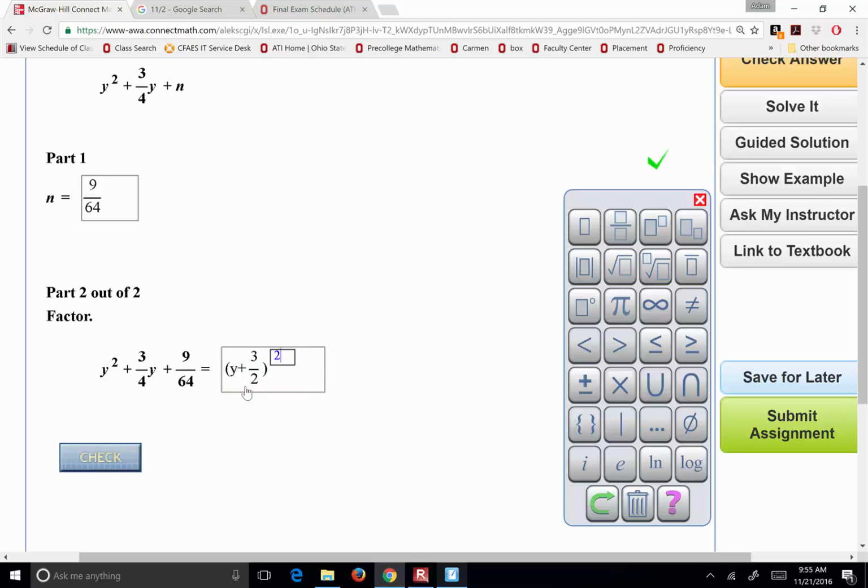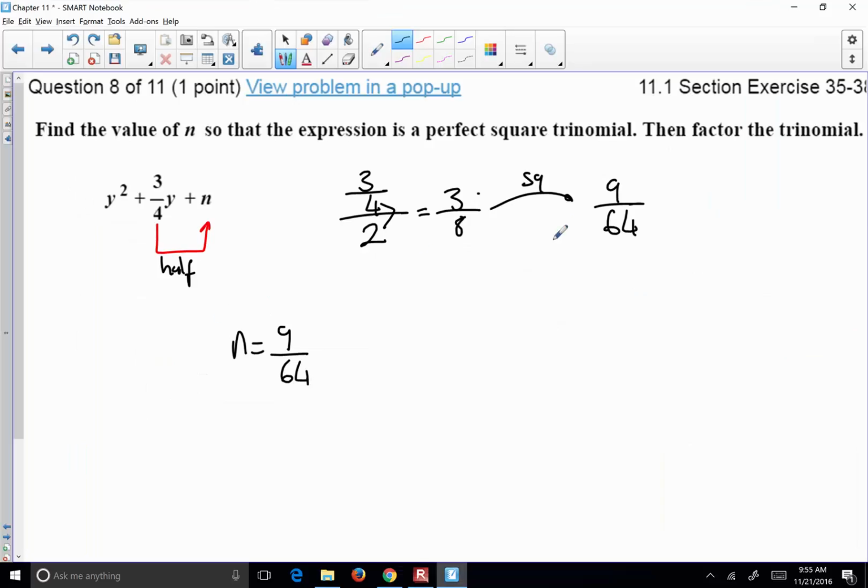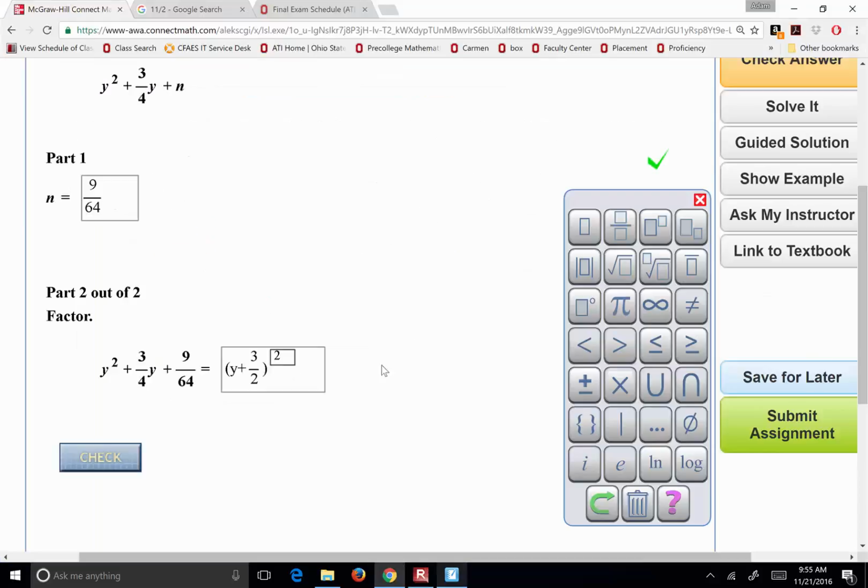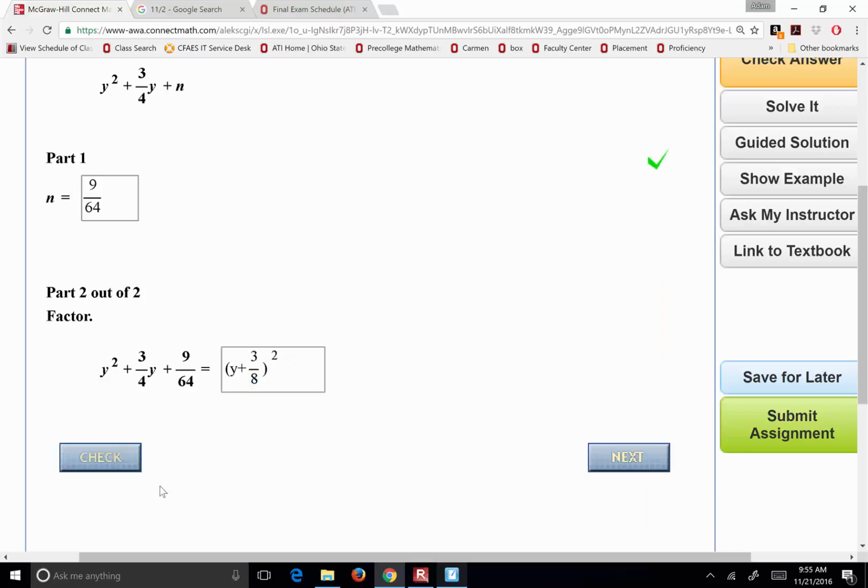Is that right? Divide by 2 is 3/2. Careful. Yeah, it's 3/8. This is wrong. When you divide, there is already a denominator. When you divide it, that denominator should be bigger. 3/8.